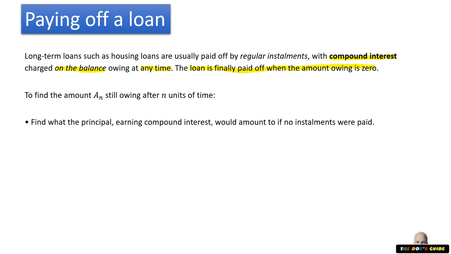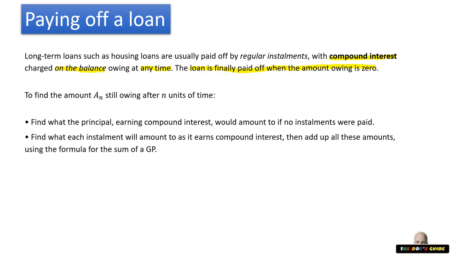Now, we don't consciously do this, but it's an important point in interpreting the formula, because this is what the money would be worth to the bank. So we have to at least give the bank the equivalent of what they could get by putting their money somewhere else. What we then do is to find what each instalment will amount to as it earns compound interest. Again, we don't necessarily think of it like that, but that's what we're doing.